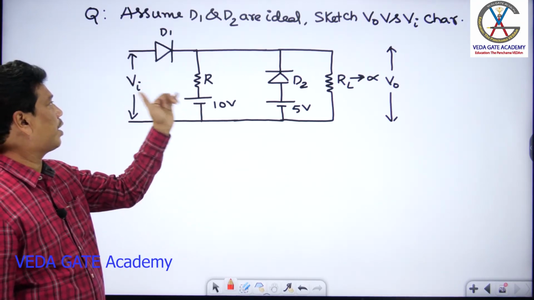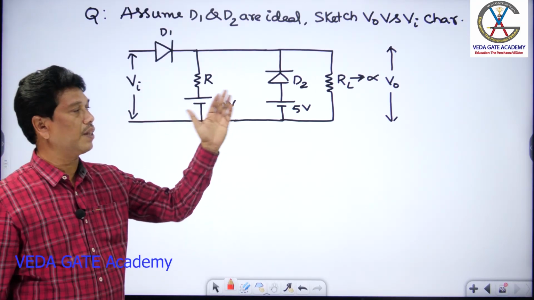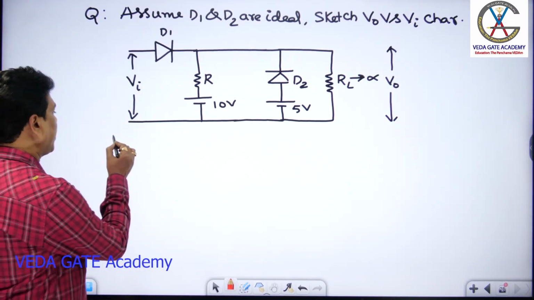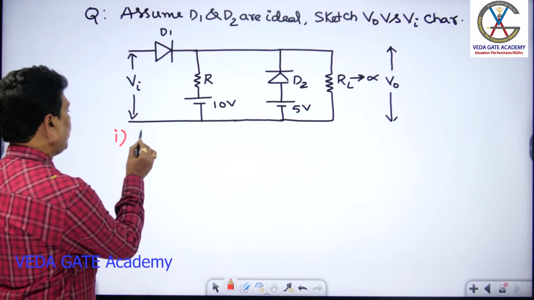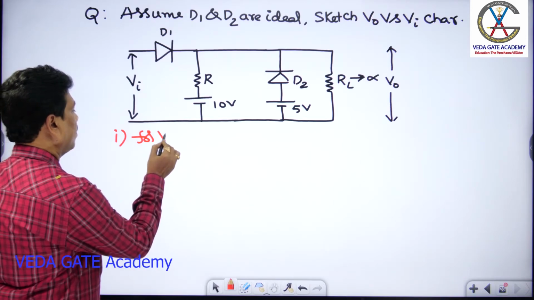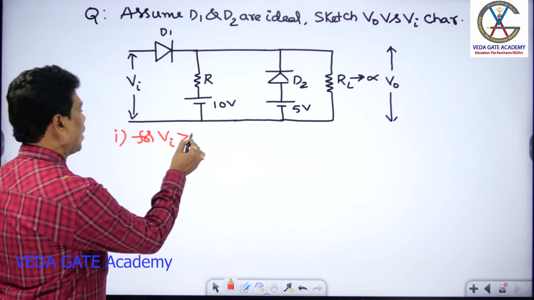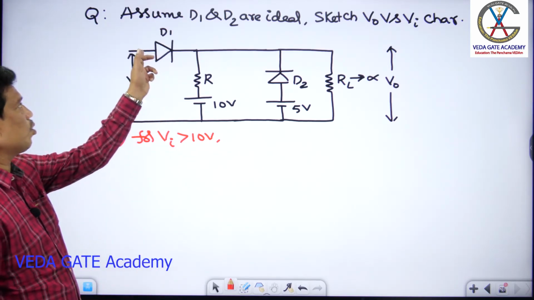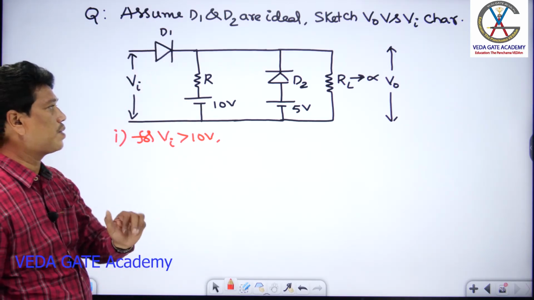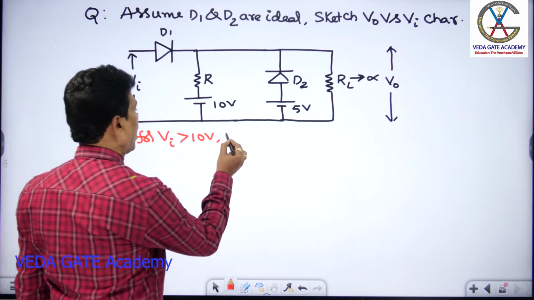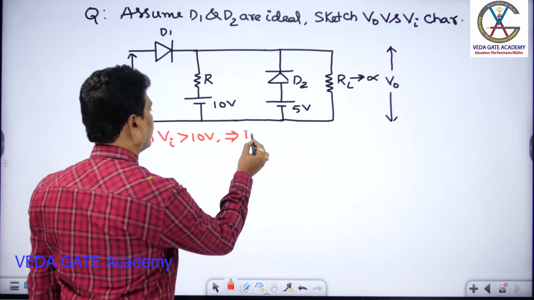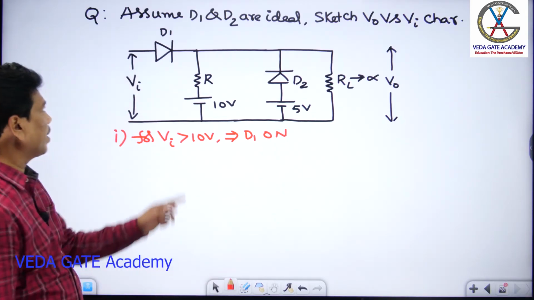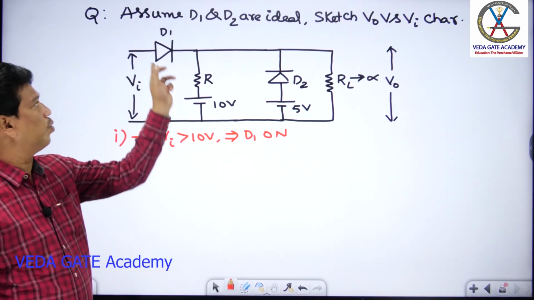For Va greater than 10 volt and Va less than 10 volt, by that you can identify which diode is on and off. Okay, so case 1: for Vi greater than 10 volt. If I apply Va greater than 10 volt, the anode potential of D1 is greater than its cathode potential, so D1 will be on, like a closed switch.